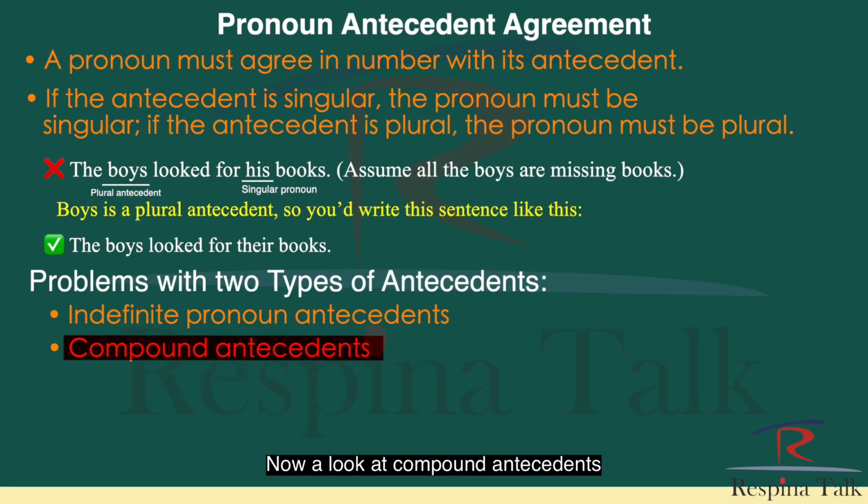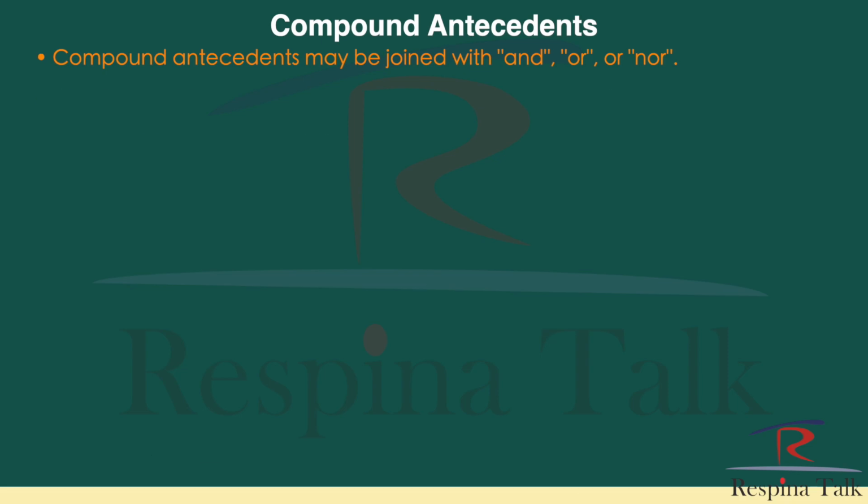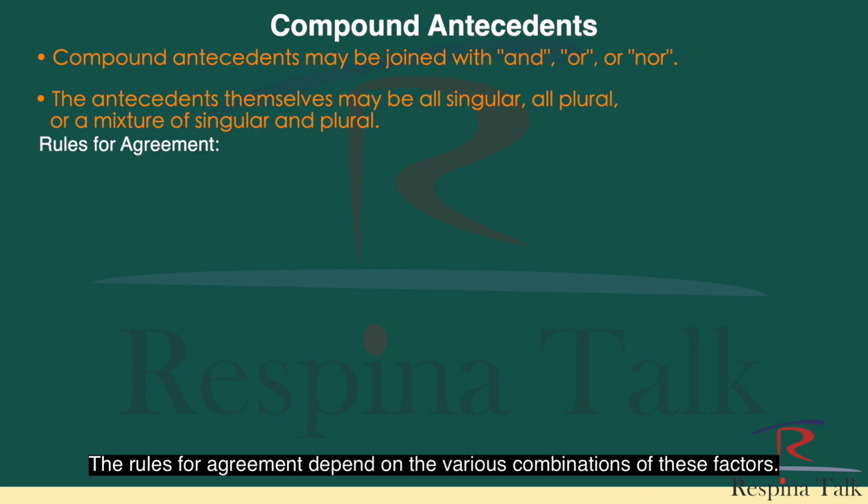Now let's look at compound antecedents. Compound antecedents may be joined with and, or, nor. And the antecedents themselves may be all singular, all plural, or a mixture of singular and plural. The rules for agreement depend on the various combinations of these factors.